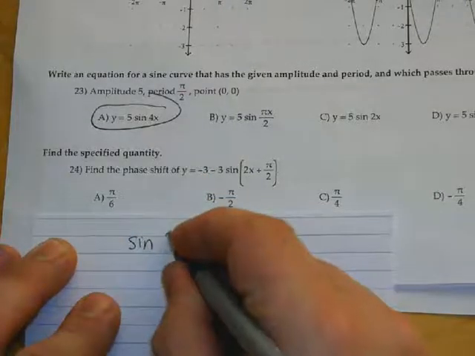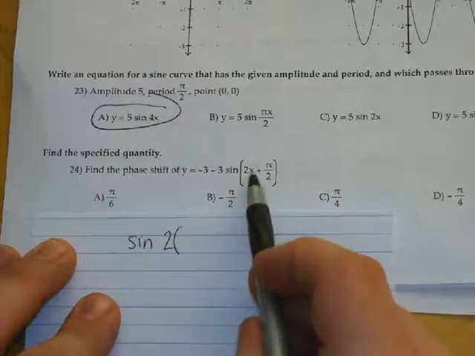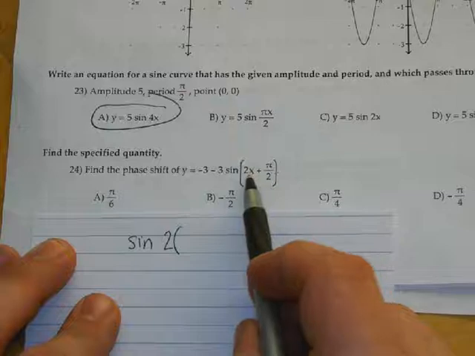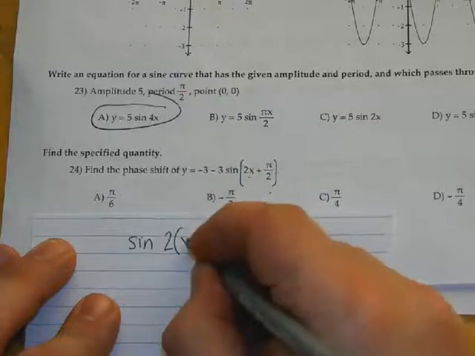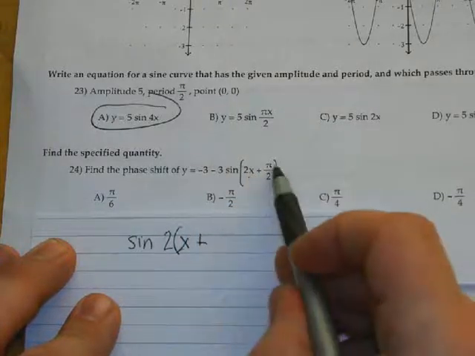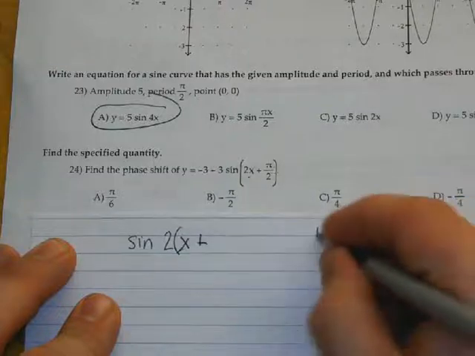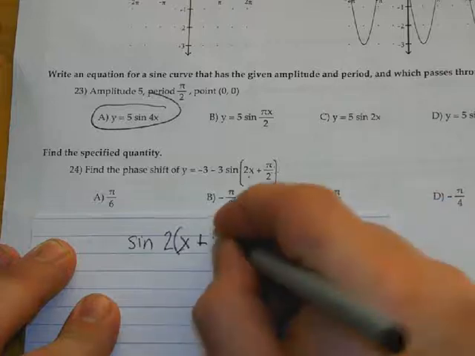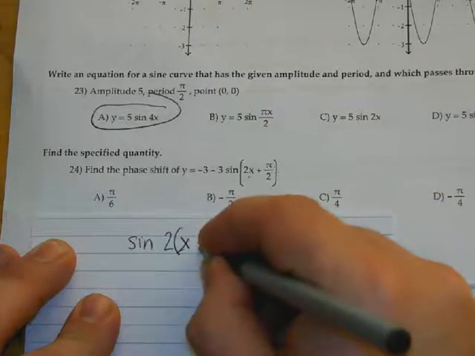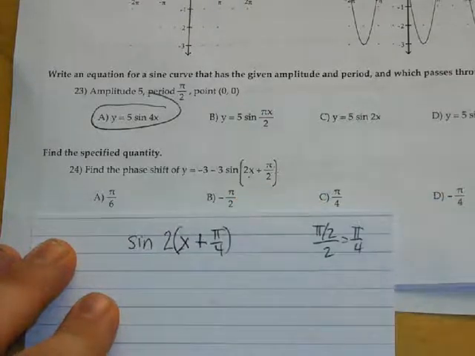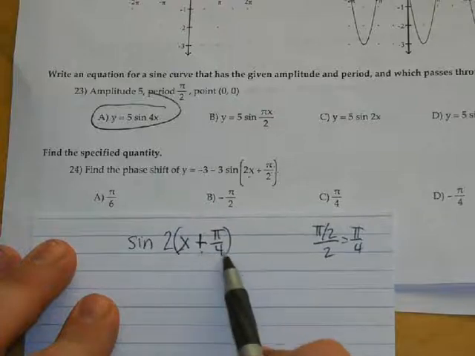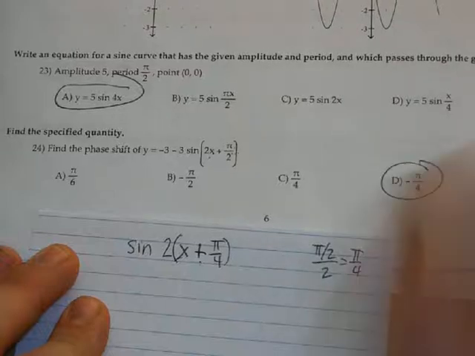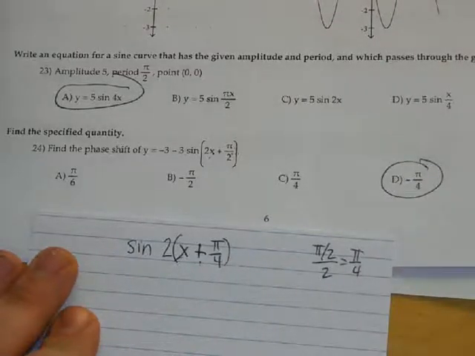So when I factor out the 2, what I'm really doing is dividing everything here by 2. 2x divided by 2 is x, and then pi over 2 divided by 2 is pi over 4. Since the phase shift is the opposite of what's in the parentheses with x, I know that the answer is D, negative pi over 4.